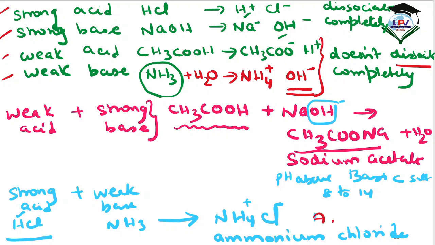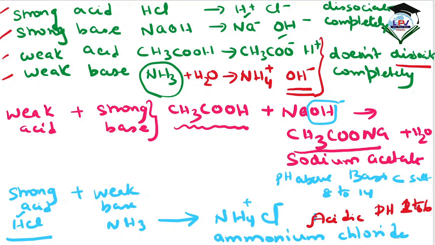So the pH is acidic, and it can range from 2 to 6. As you know, if it is a strong acid, then the pH is 1 to 2, and if it is a weak acid, the pH can range from 4 to 5.